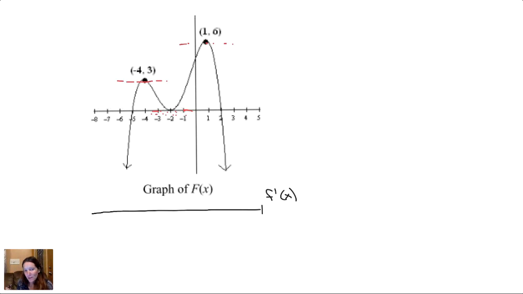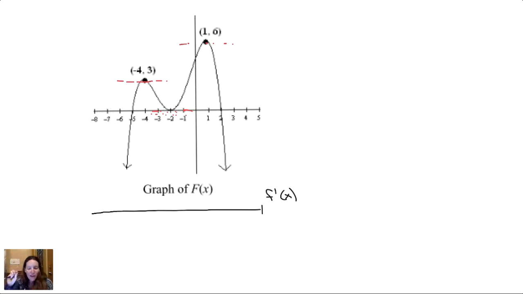So hopefully you saw 3 locations here. Nobody really answered me, but hopefully you can still hear me. There are 3 locations where the slope of the function equals 0. At that maximum right there at x equals -4, and the other maximum at x equals 1, and also at that minimum x equals -2, there is a horizontal tangent at those points.